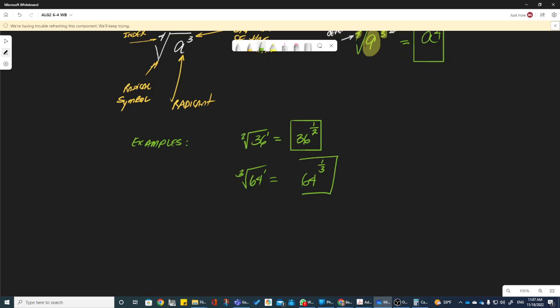And then this is the simple expression. And the same case goes with the 16. That will be 16 to the power of 1 over 2. All right, so let's get into a couple of examples.